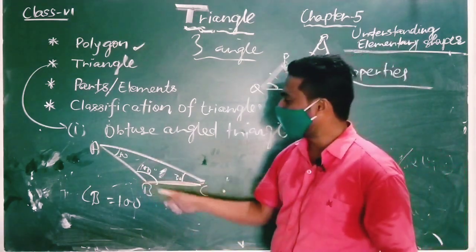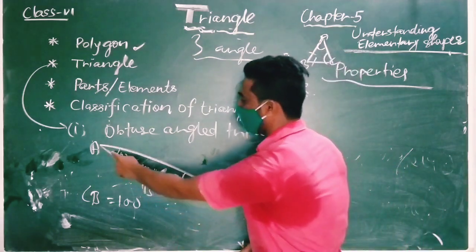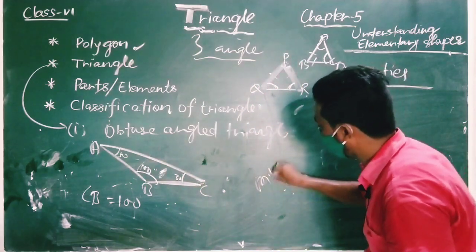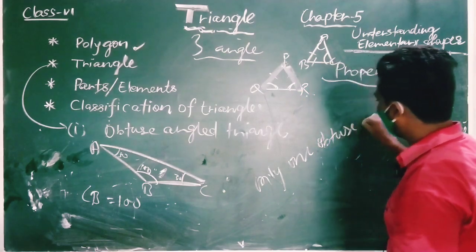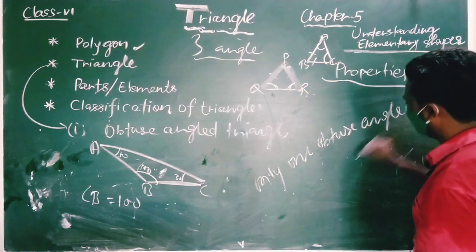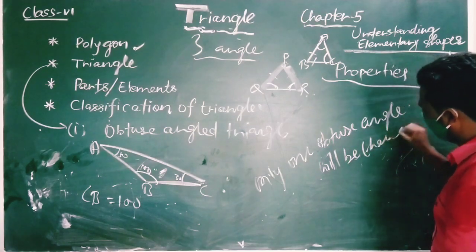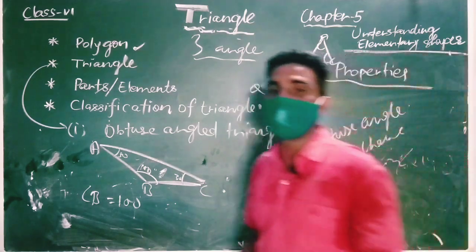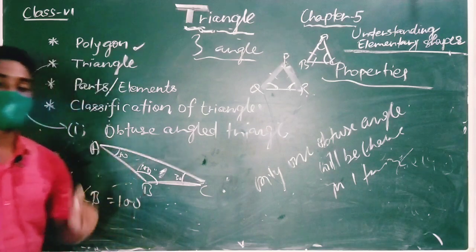And in obtuse angle triangle, one more important thing I am telling you, if this is obtuse angle triangle, then these two will be always acute, and only one obtuse angle will be there. Means in one triangle only one obtuse will be there. In one right angle triangle only one right angle will be there.